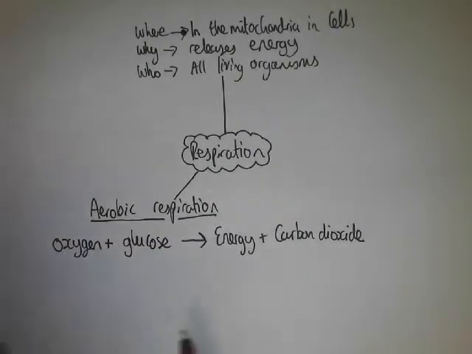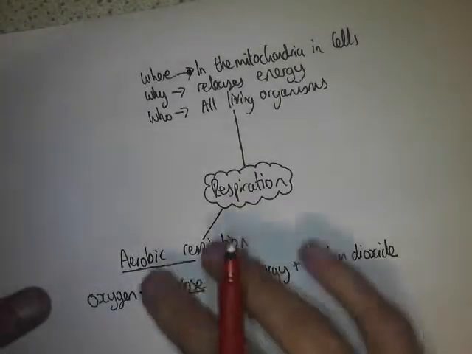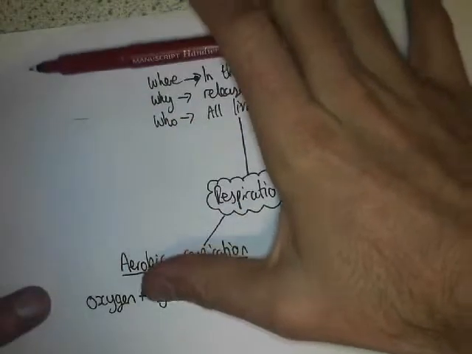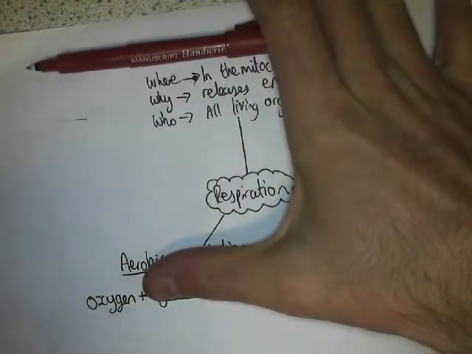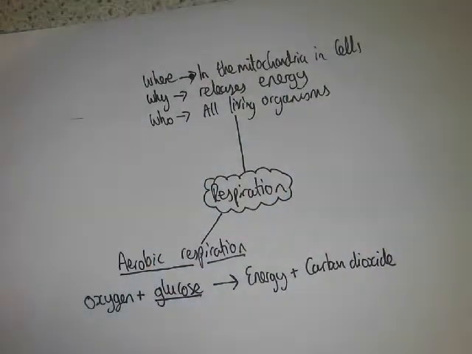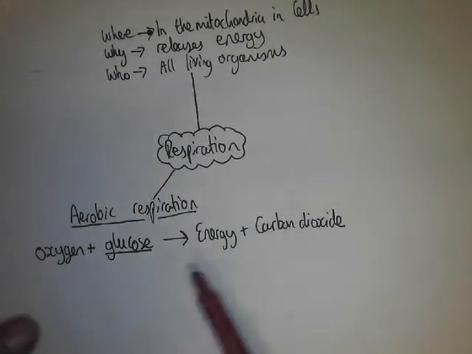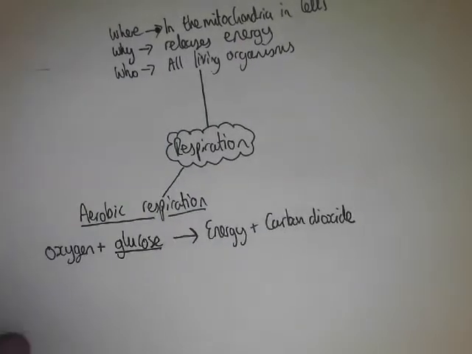Now, at a basic level, you need to be able to recite that equation. You may have, in the examination, a bit missing, say the glucose wasn't there, and the examiner would ask, what else is needed for respiration? You'd have to identify it as glucose. So this is aerobic respiration: oxygen, glucose, energy, carbon dioxide.